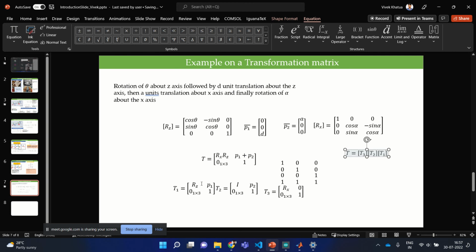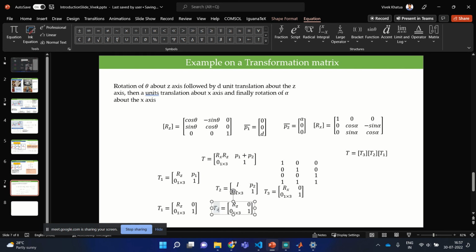You can split it again, something like this, like you have mentioned. You are telling me that you'd perform rotation about Z first, then there is a translation.